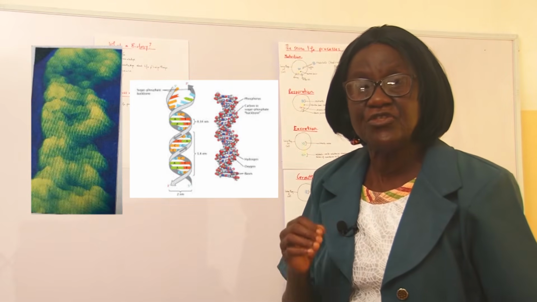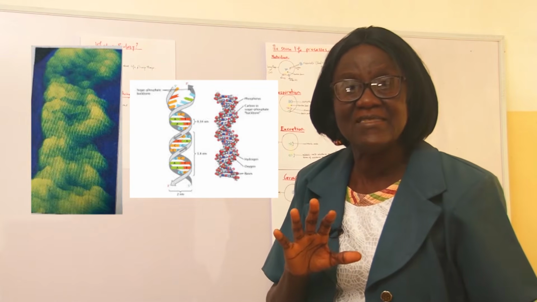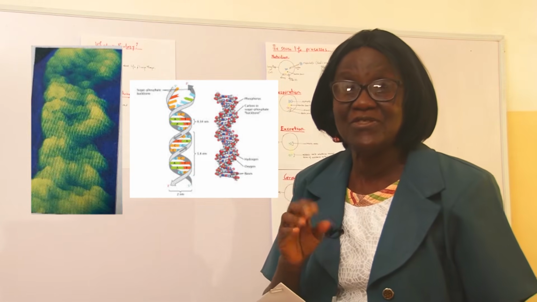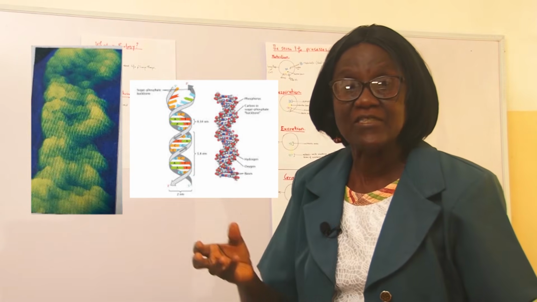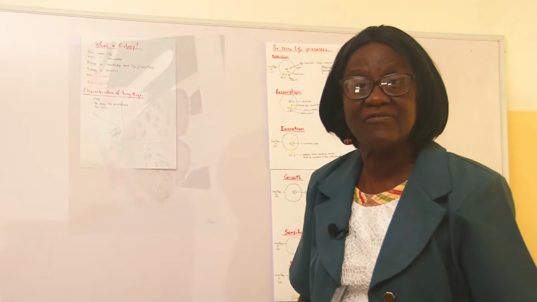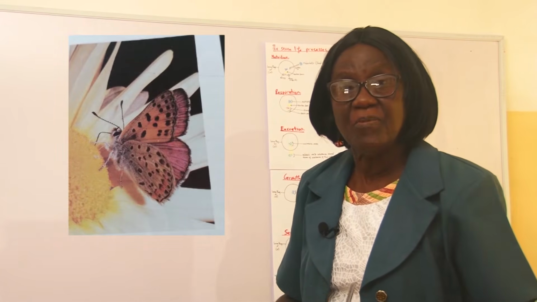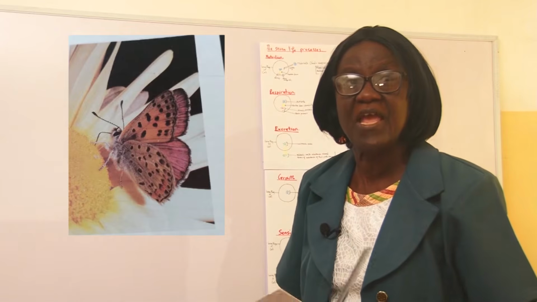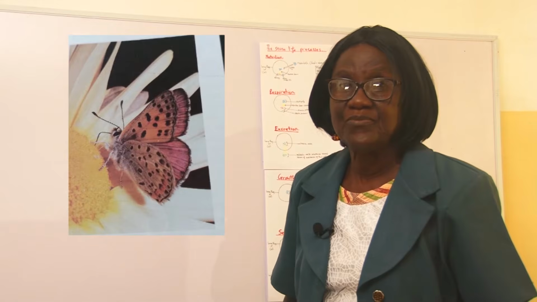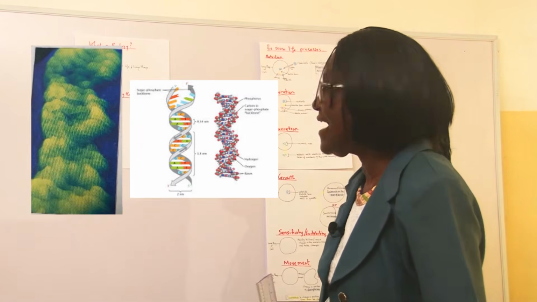So DNA ensures that specific proteins are made that determines the characteristics of the organism. DNA has genes, as you hear, genes are passed on and they determine characteristics. For instance, this nice butterfly, its colors, its shape, the structures it has, its behavior is all determined by DNA. So that is DNA. We will look at it again as a topic.